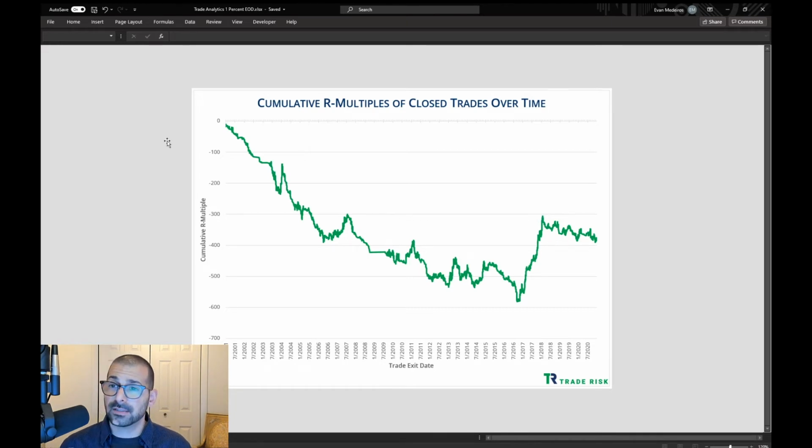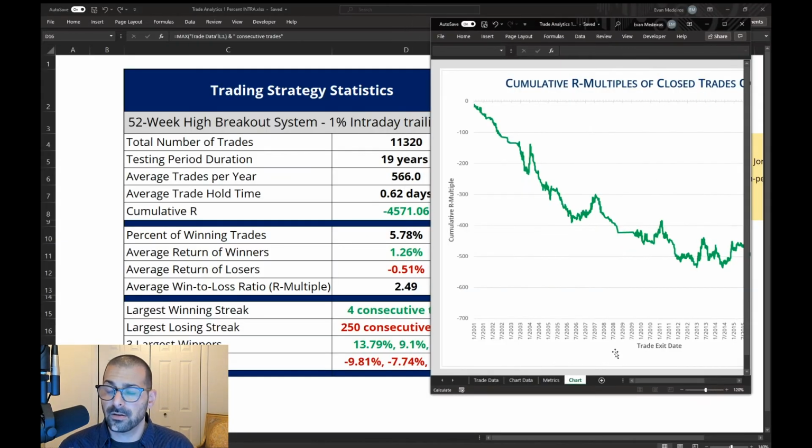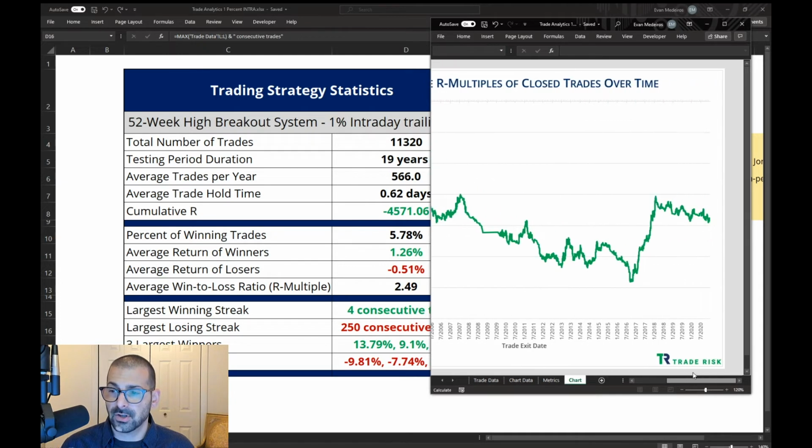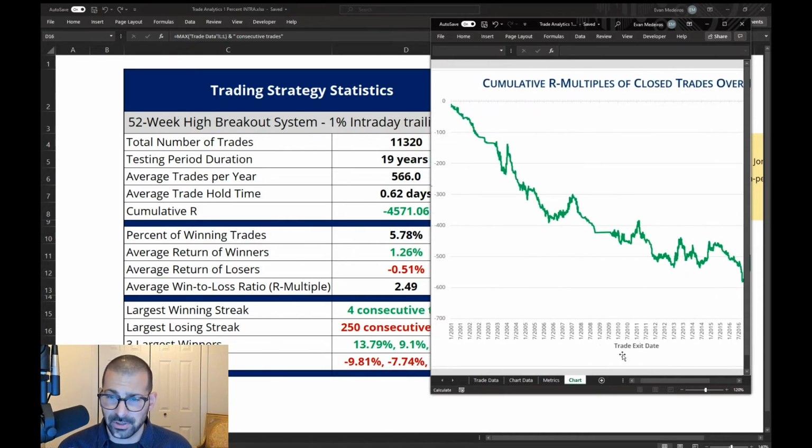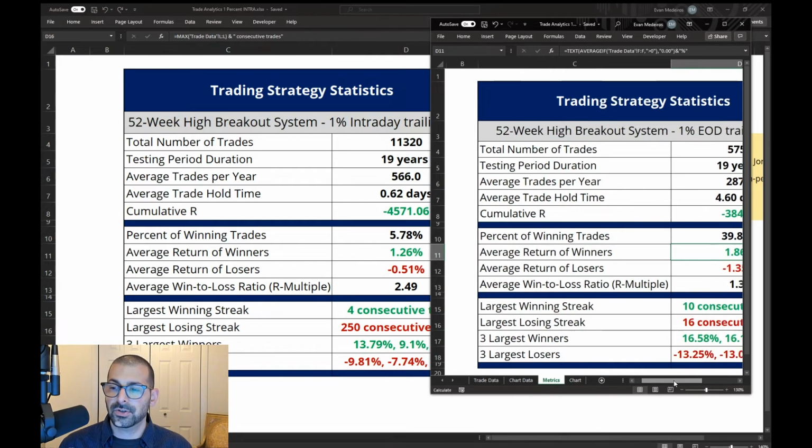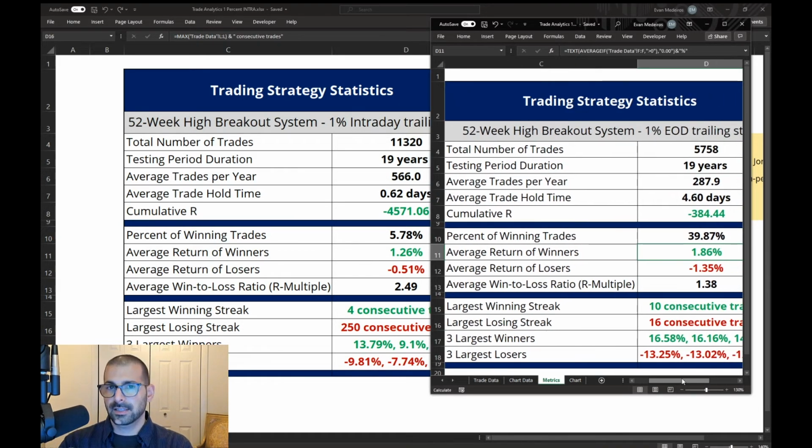Okay, so there's a big difference in performance here when you factor in end of day stops versus intraday stops. And I know this seems like a weird case, and it is, but I still think it's notable because what you're basically seeing here is the main benefit of an end of day system, and that is noise reduction, right? You are smoothing out the noise.